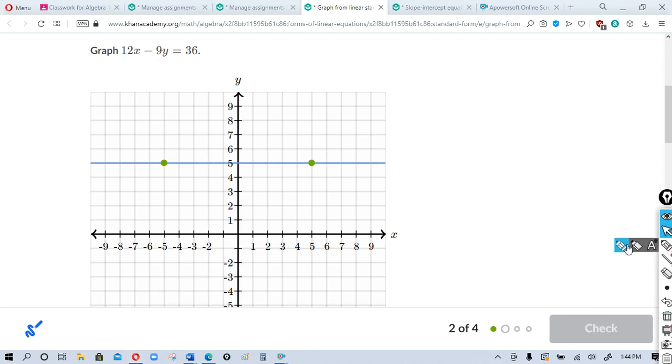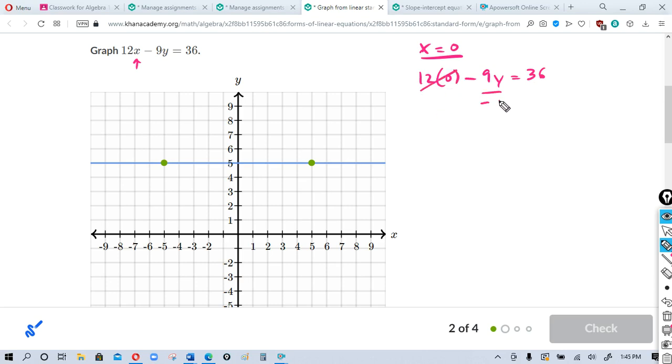All right, so same thing every time. Plug in x equals 0. Put it right in there, and you'll have 12 times 0 minus 9 times y equals 36. 12 times 0 is just 0, so that cancels.